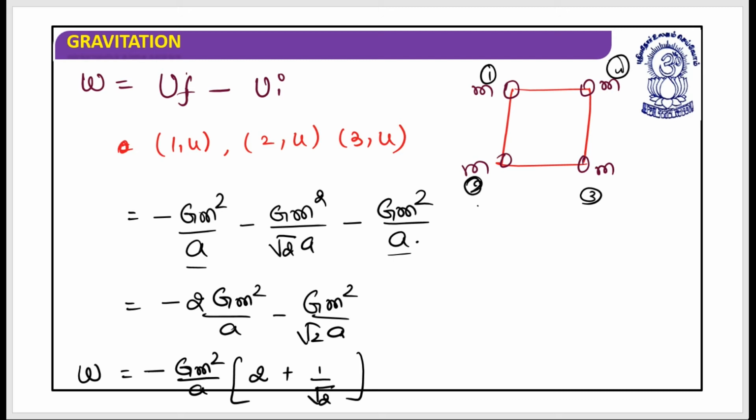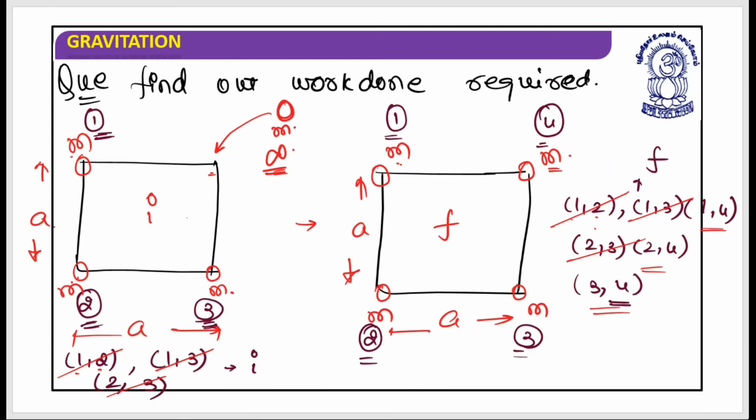Is it clear? Now let's decide what the work done due to internal force would be, whether it is positive or negative. How could I check it out? What I understand is that initially this mass is at infinity.